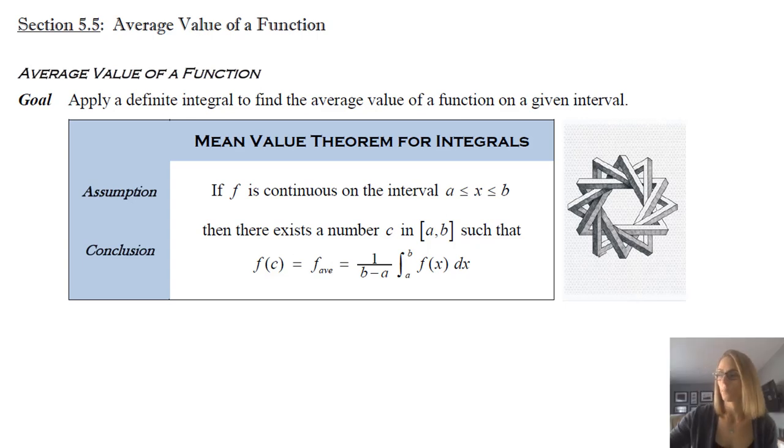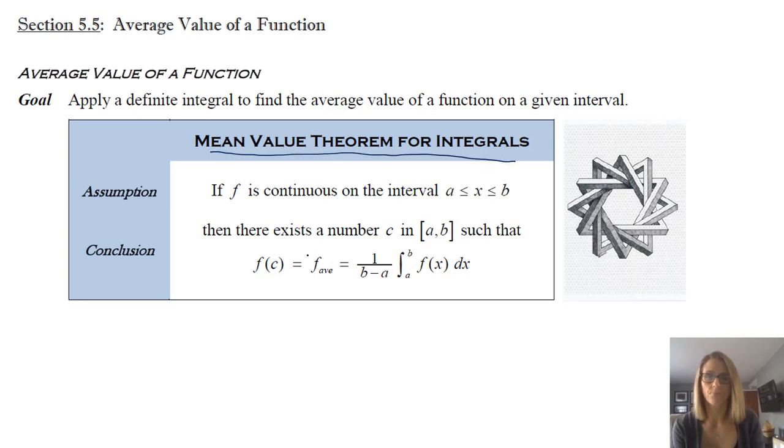The last section in chapter 5 is the average value of a function. Overall, it's quite a straightforward idea. This is the definition here. It is the idea of the mean value theorem for integrals.